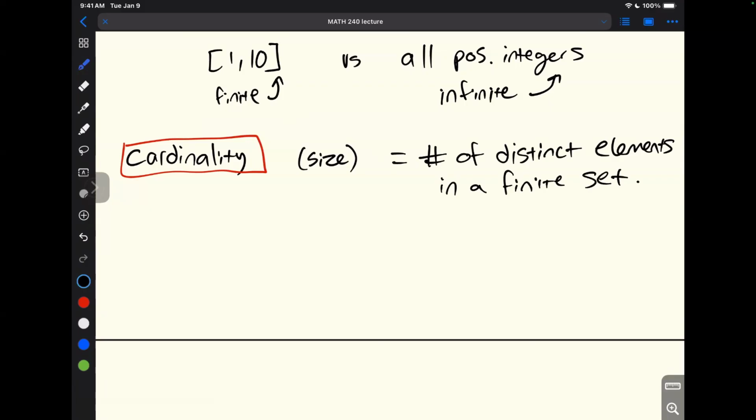So for the numbers 1 through 10, the cardinality is 10 because I've got 10 integers. The cardinality of all positive integers is undefined because the set's not finite, and I don't know how many positive integers there are. I can't put a number on that.